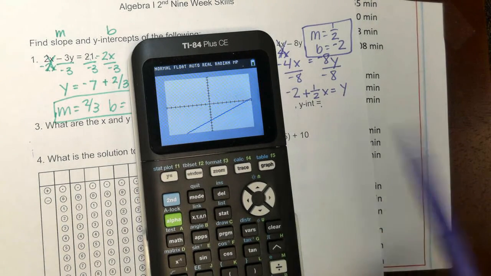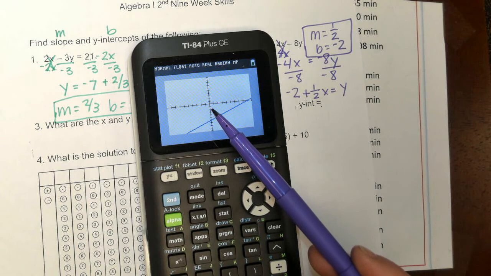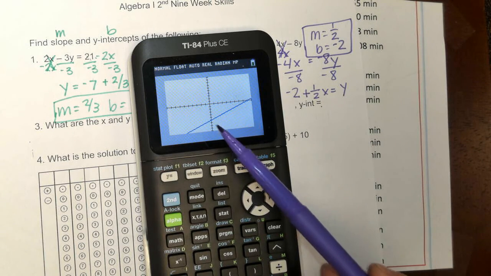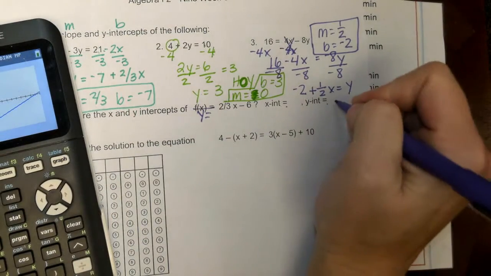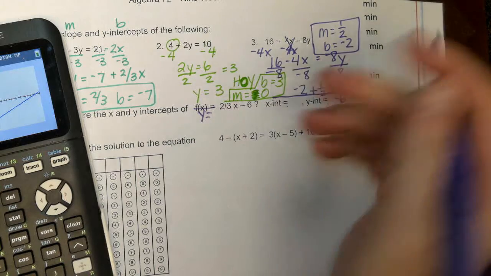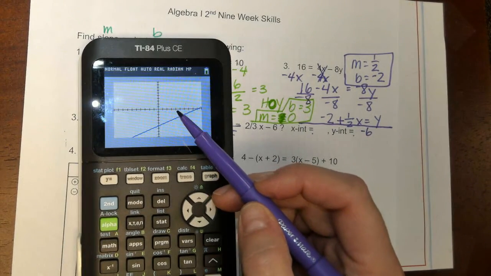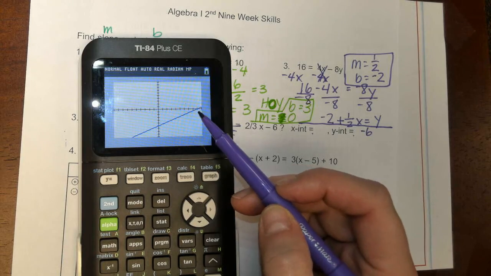I could do this in one of two ways. I could see where it crosses the x and y axis. It crosses the y at 1, 2, 3, 4, 5, 6, negative 6. And it crosses the x at 1, 2, 3, 4, 5, 6, 7, 8, 9.